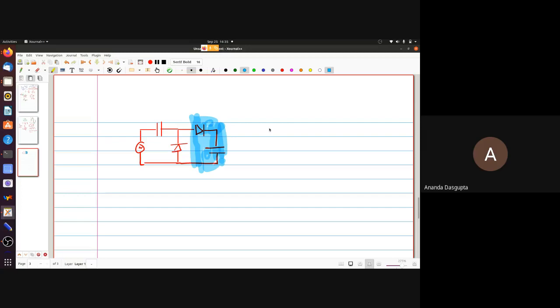On the other hand, if you just had this, let me just get rid of the, oops, I went too far. If I just had this part, a diode with a capacitor connected across some source. What is this, by the way? What will this do?